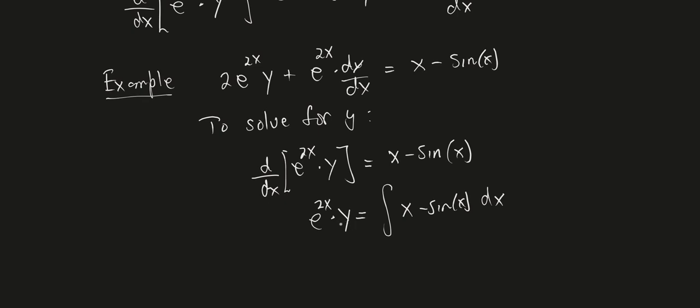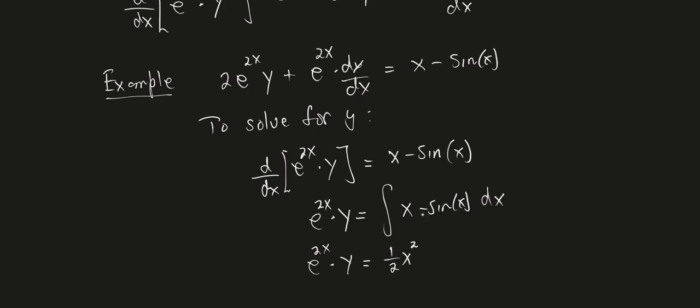Now I've gotten rid of the derivative on this side, and then it's really easy for me to isolate y. So before I go ahead and divide by the e to the 2x, let's evaluate this antiderivative. So we have e to the 2x times y, and then the antiderivative of x is 1/2 x squared.